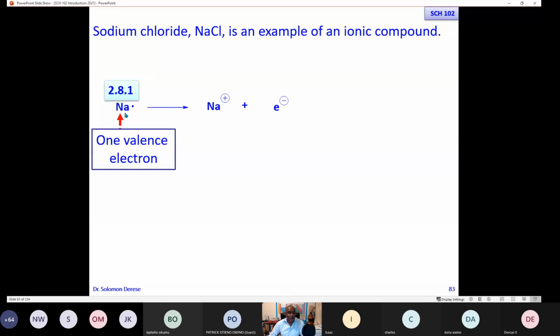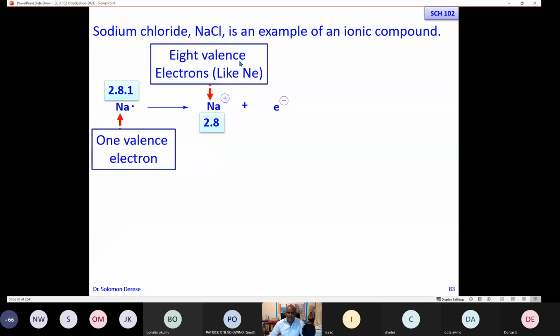Then if you look at Na+, its electron configuration is 2,8, just like that of neon. So the reason why sodium loses the 1 electron in its valence shell is that it can have the electron configuration of the corresponding noble gas, neon, with 8 valence electrons.